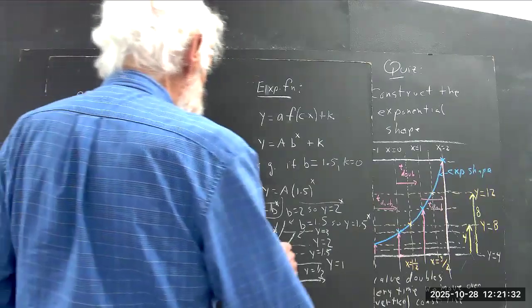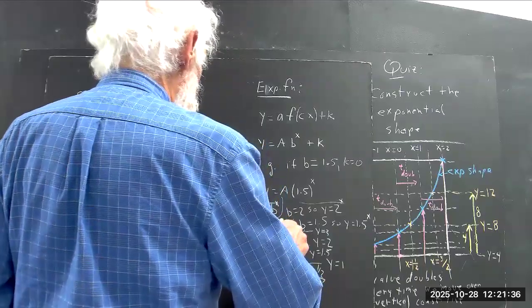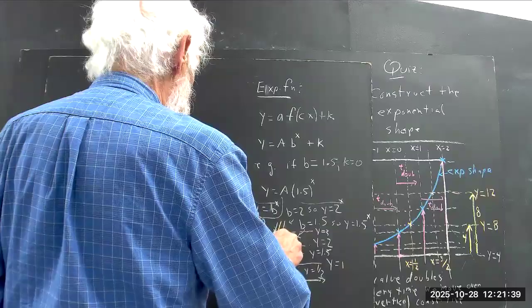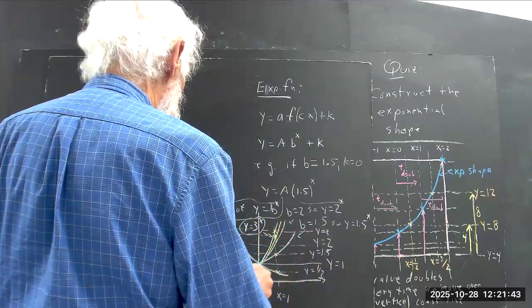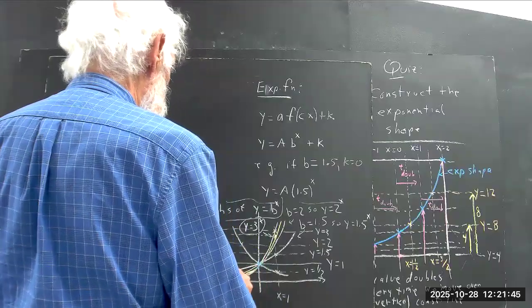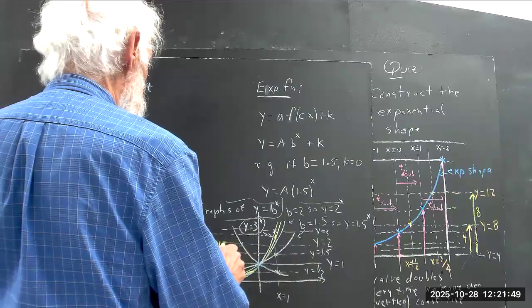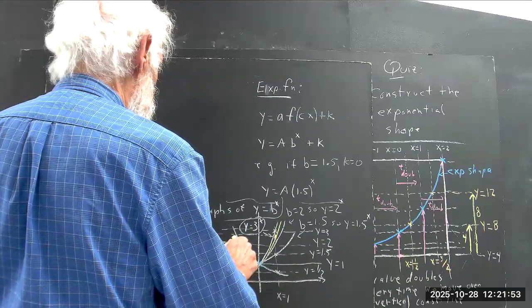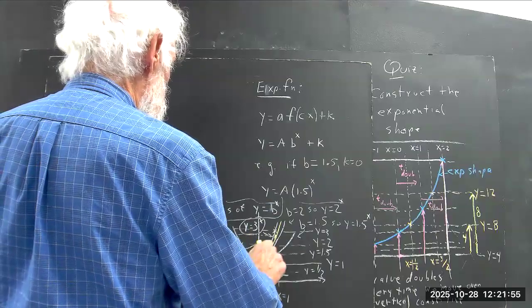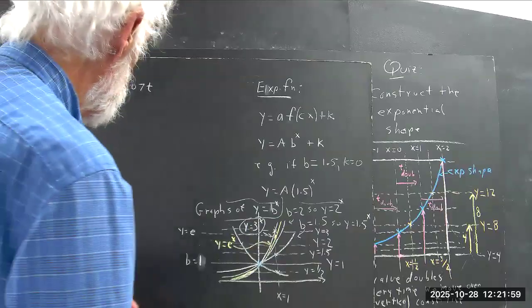If I sketch this point and sketch the exponential function, that's coming out exactly where I want it. I get the function y equals e to the x.